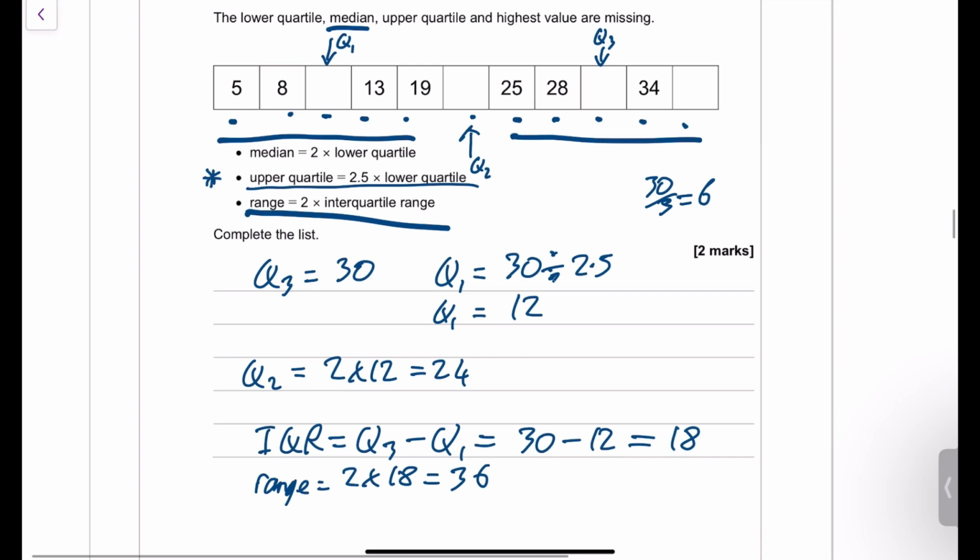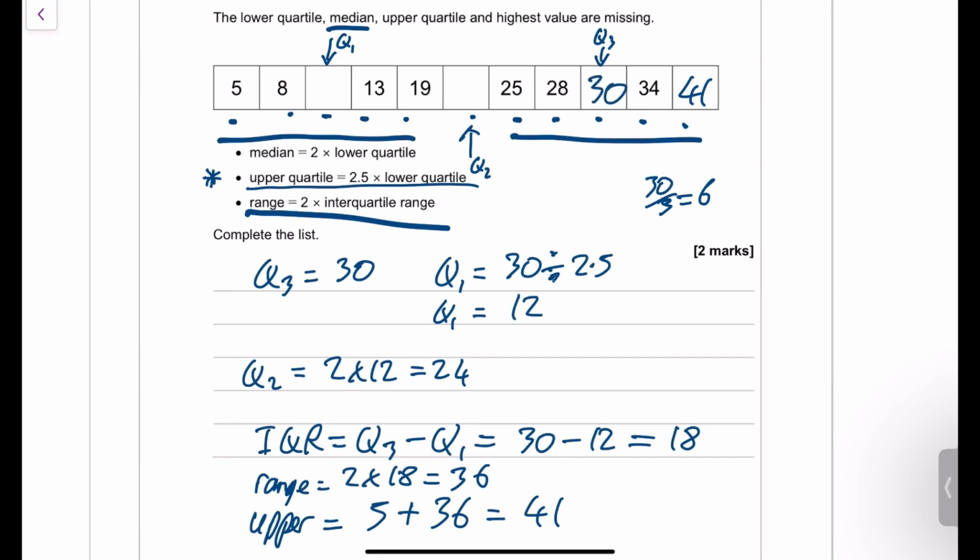And that means your upper value is going to be the lower value plus the range, so it's going to be 41. So I could fill this in. 41 was my upper value, my Q3 is 30, my median is 24, my lower quartile is 12.